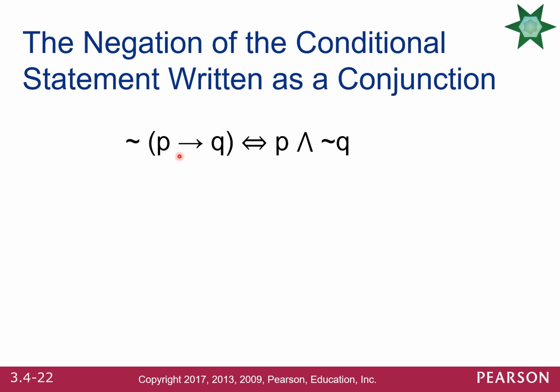Now we look into converting a negated conditional statement and rewriting it as an equivalent conjunction statement. What we've been given here is the negation of if P then Q. So first, if P then Q is evaluated and then it is negated, and its equivalent conjunction statement is P and not Q. In this case, as you will see, it's the consequent, Q, that gets negated, and P stays as is.